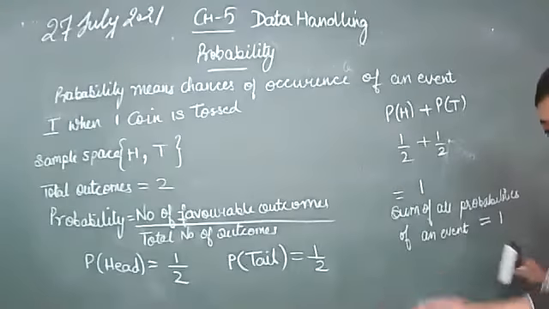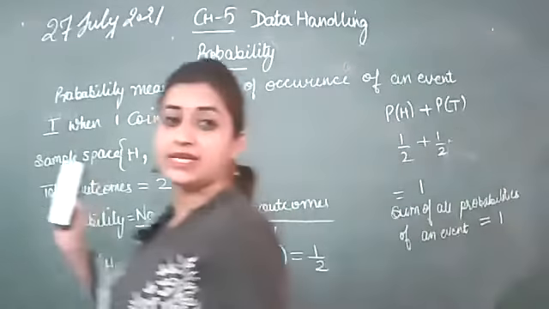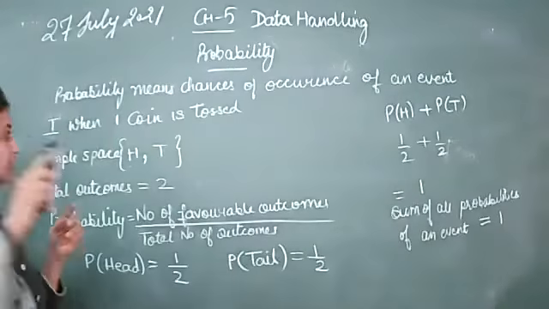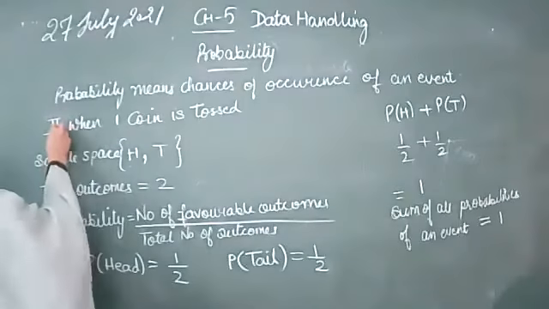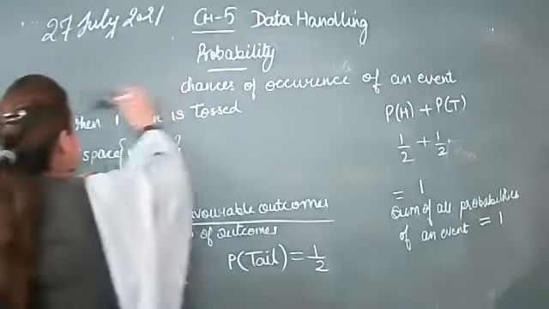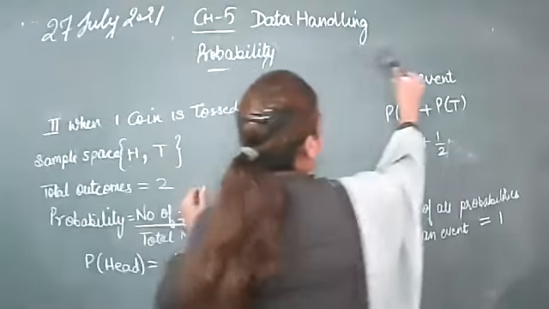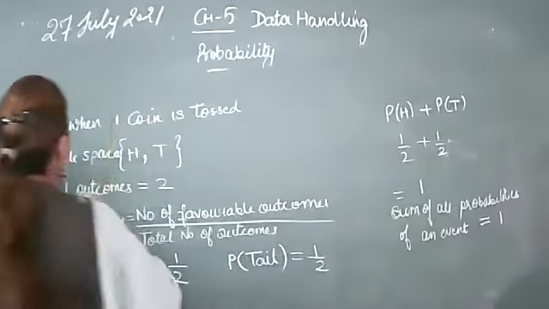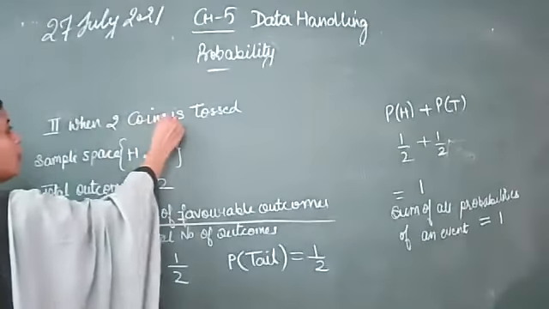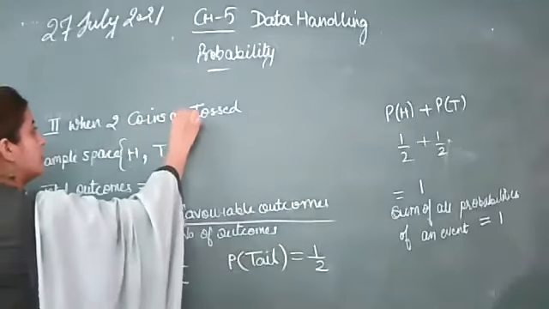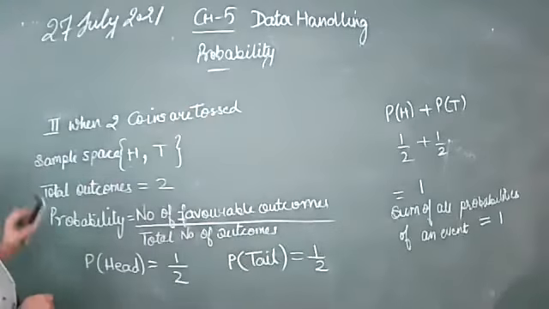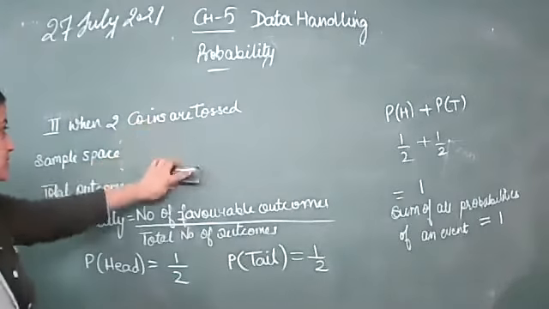Now let's discuss the second case, when instead of one coin, 2 coins are tossed. What will be the sample space?